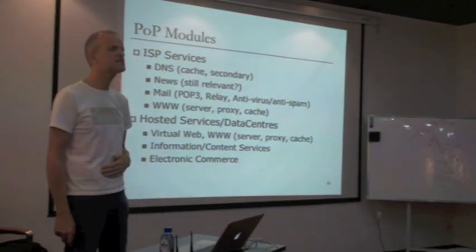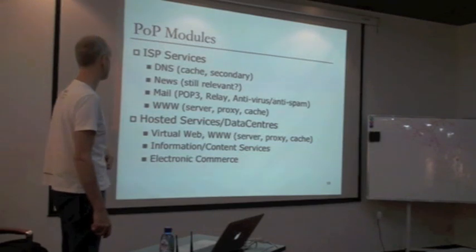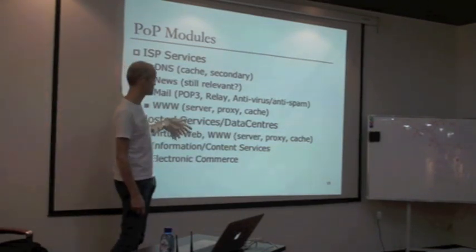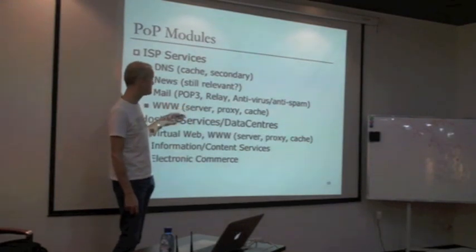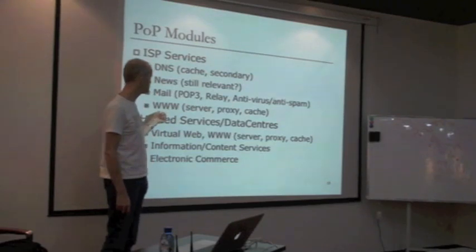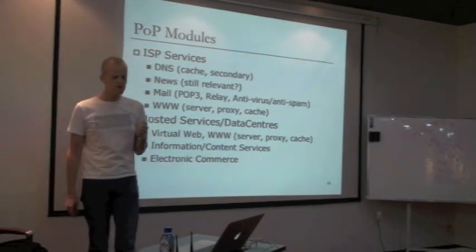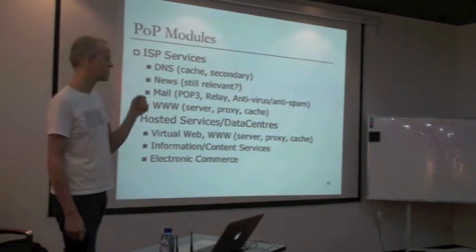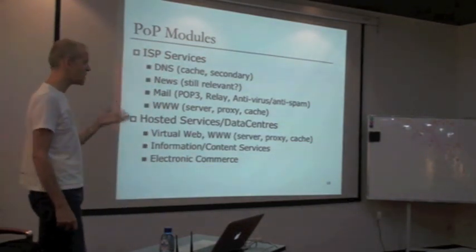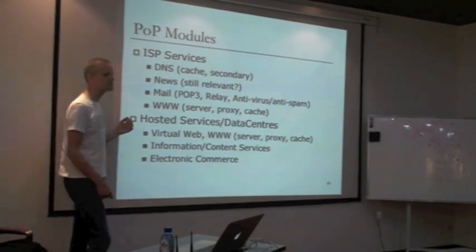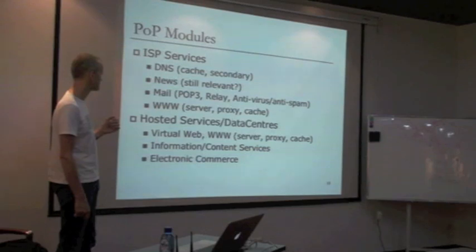Right, so the mail services are very important. www, there's the server, so your company web server. You maybe want to run web proxies as well, web caches. All these things are good to offer your customers because it keeps web traffic off your international connections and makes the general experience faster for everybody.